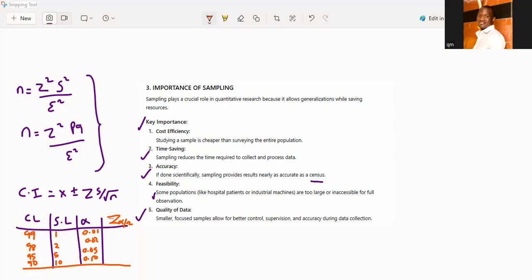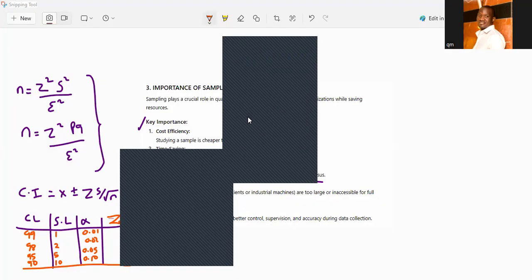These are statistical tables, the Z tables. So you can see the table.